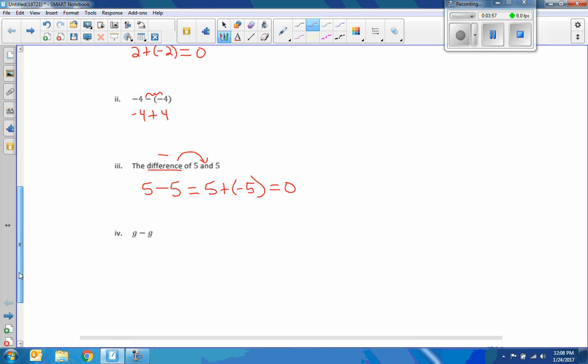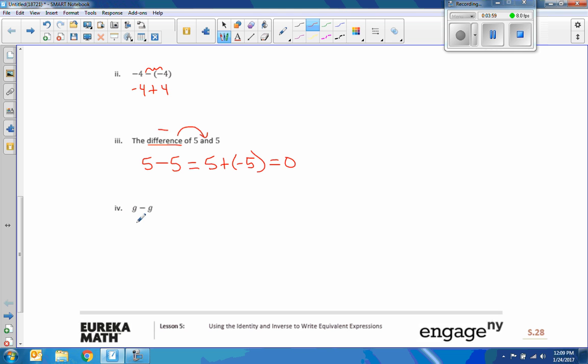Okay? G minus G. Well, the first G doesn't change. This minus, we're going to change to addition, and we're going to add a negative G, is what minusing a positive G means. It's the same as plus a negative G, and we will get, adding our opposites, 0, because all of these are inverses. Additive inverse gives you the identity.